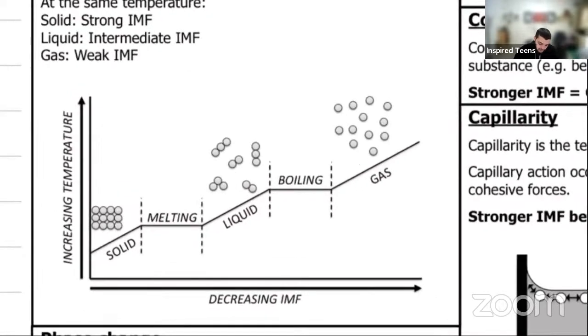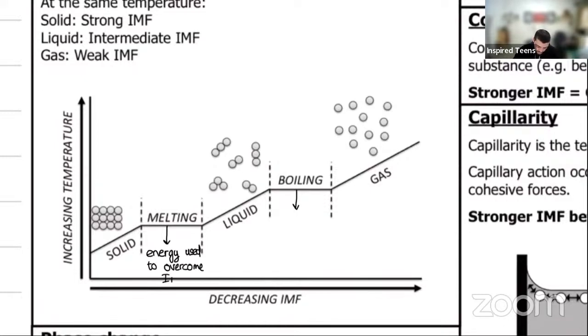Okay, so we have a solid. Remember what's happening here? Why are we not seeing a change in temperature? Okay, during the melting and during the boiling point, this is where the phase is changing, right? All the energy is used to overcome the intermolecular forces.